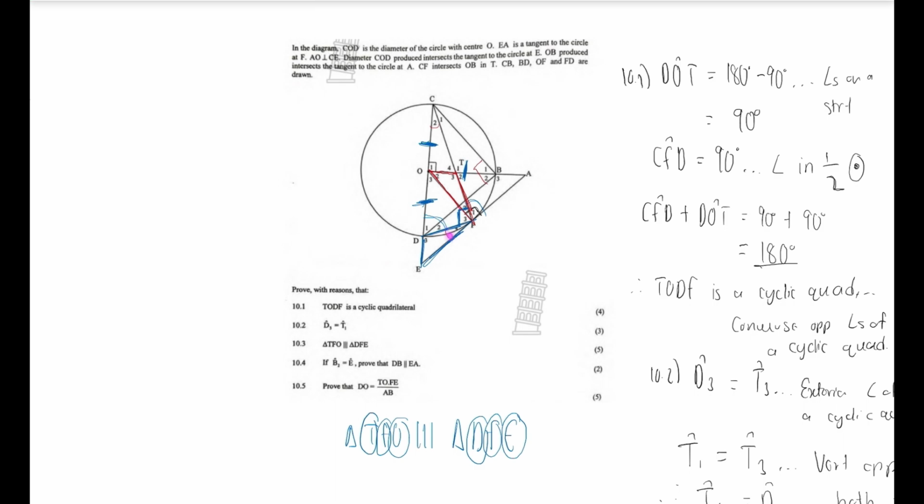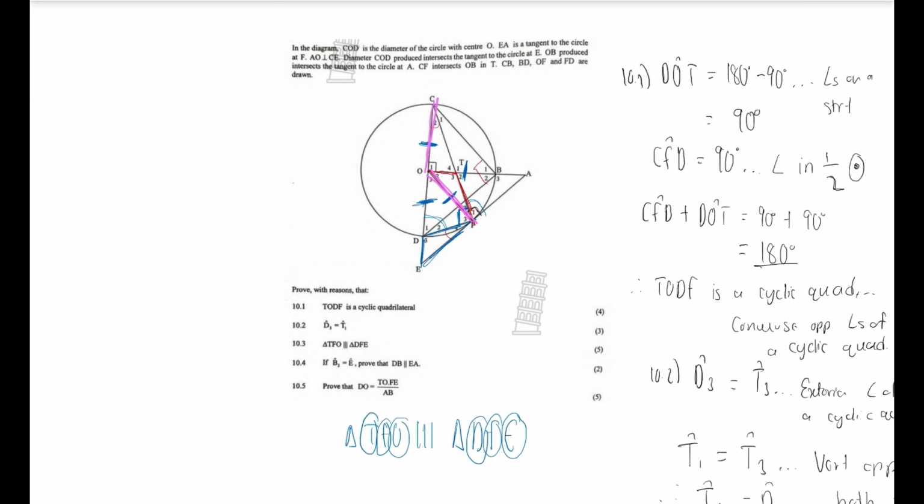So how can we prove that? Good question. I want you to notice something. I didn't see this when we were doing the given statement, but this is also a radius. OF is a radius, and that means it's equal to OC.